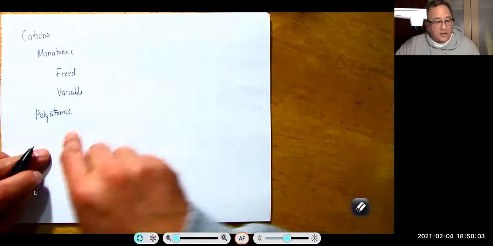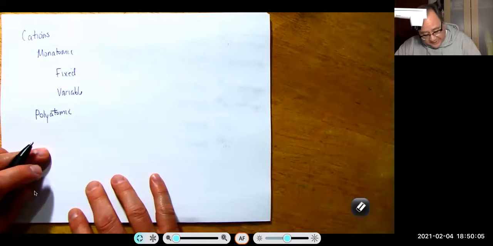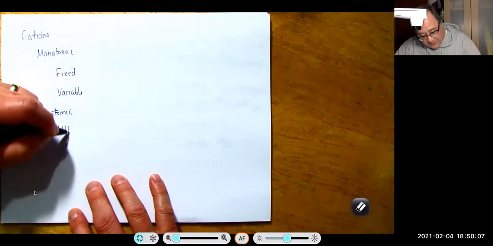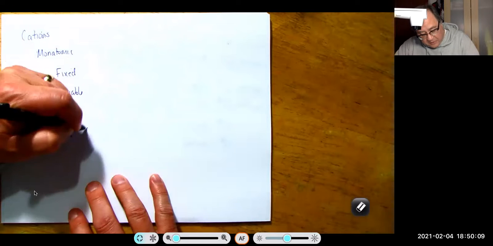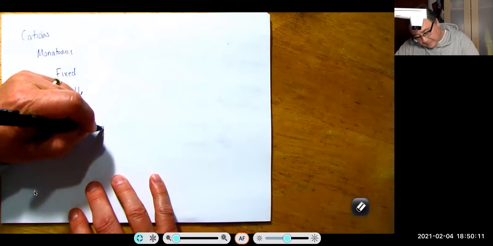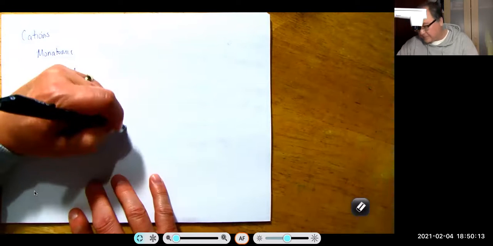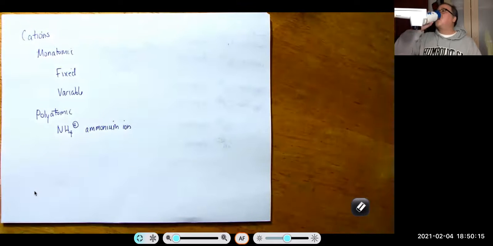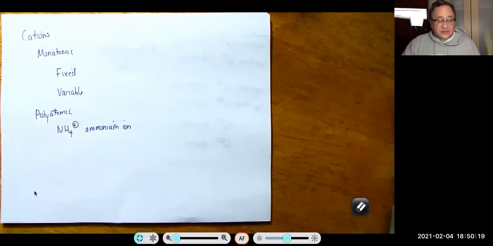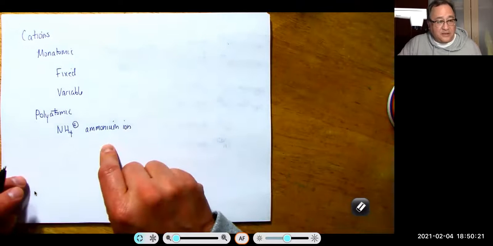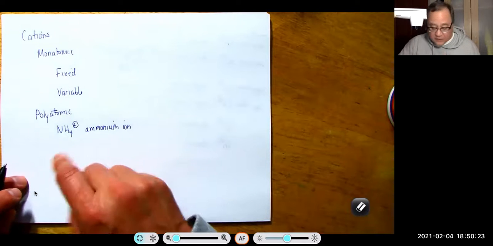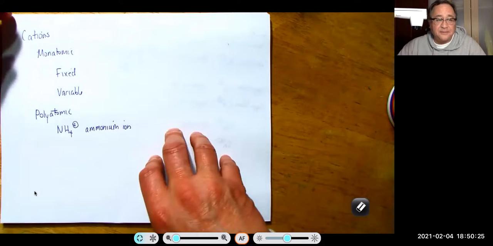There's only one polyatomic I want you to memorize, and that's NH4+. It's called the ammonium ion. Now, this doesn't mean it's the only polyatomic cation, but it's the one that you should memorize.